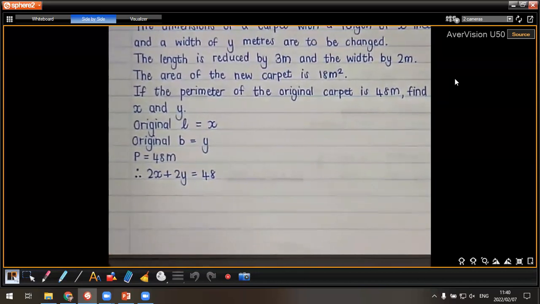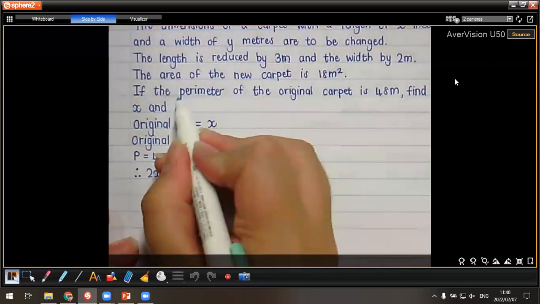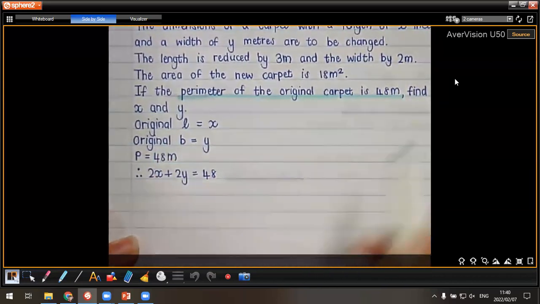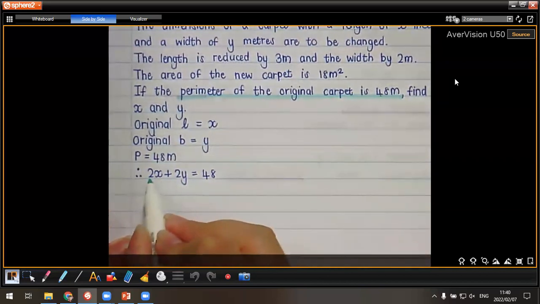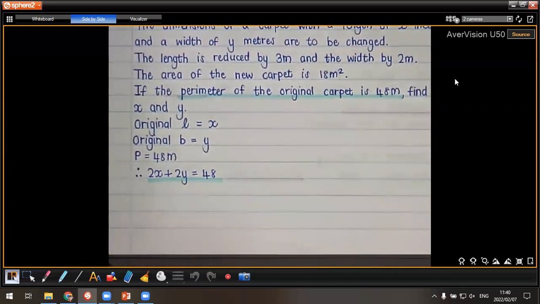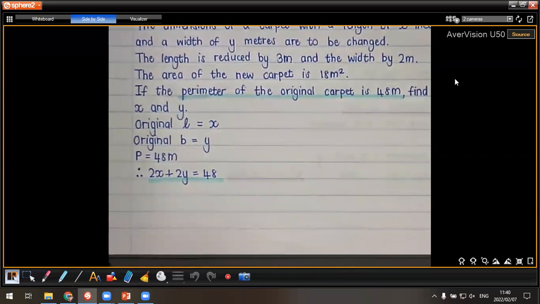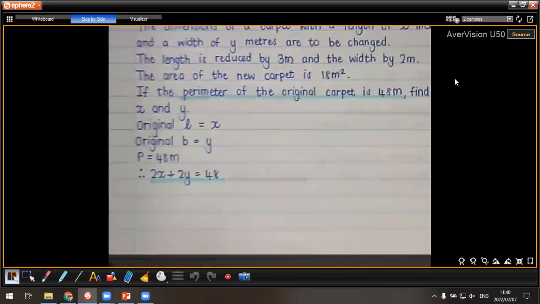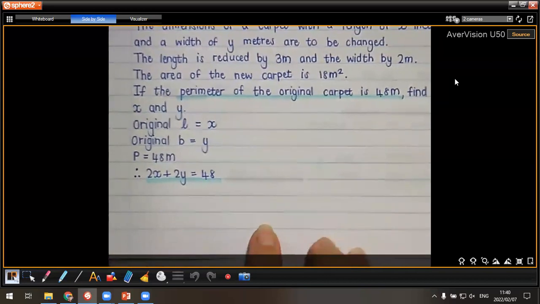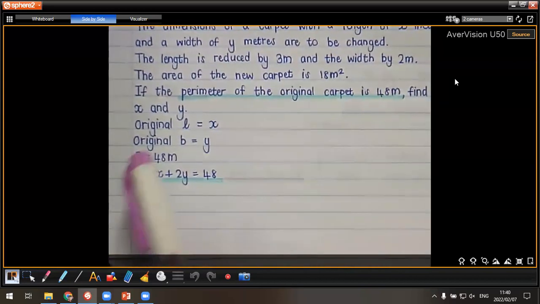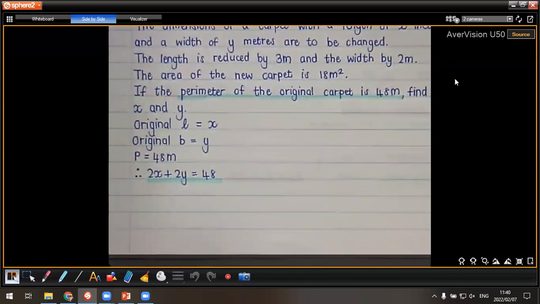It's just underline in the same color. So this perimeter of the original carpet is 48 meters. That is now in blue here. Okay, so we've actually now basically translated that last sentence of the question into an equation. That's basically what word problems are all about. Okay, we need to try and translate whatever they've given us into equation.